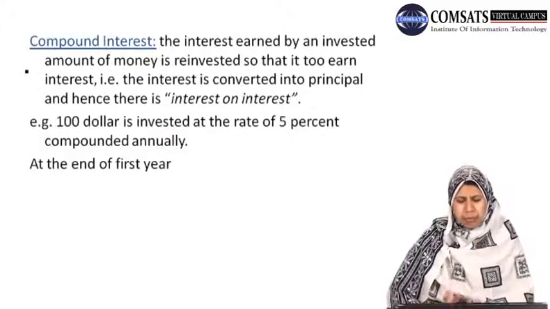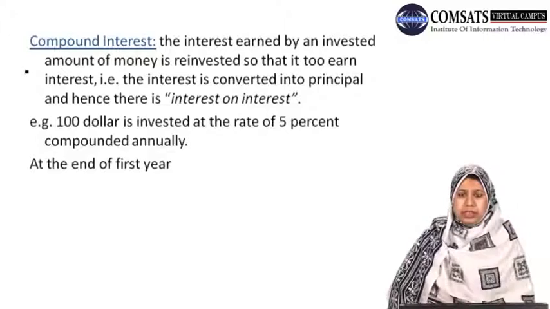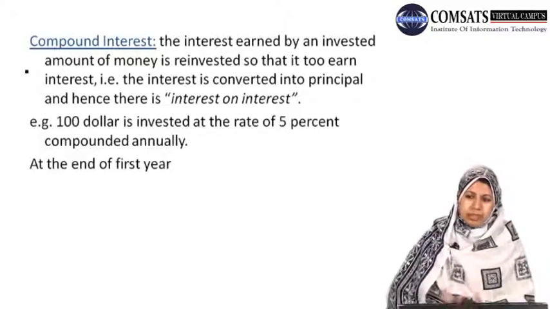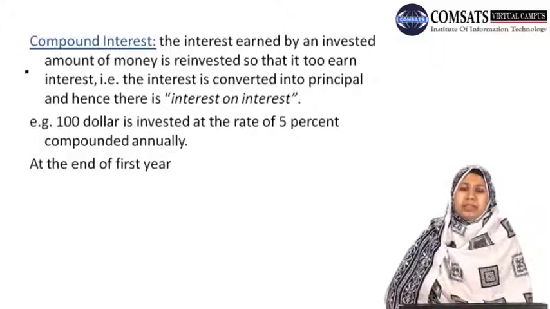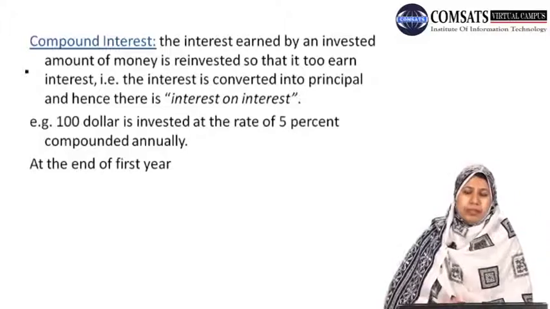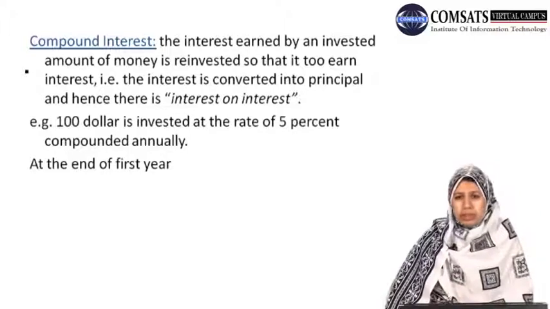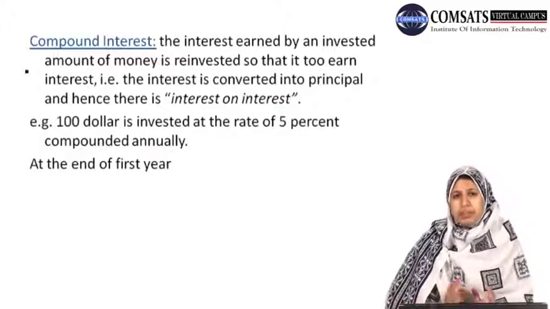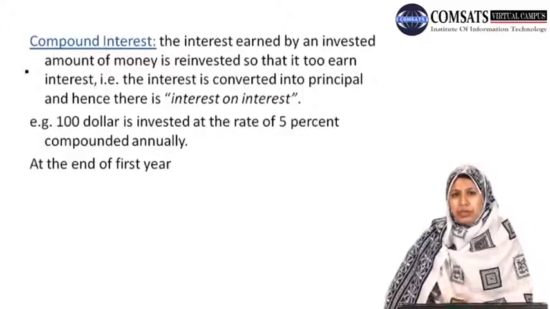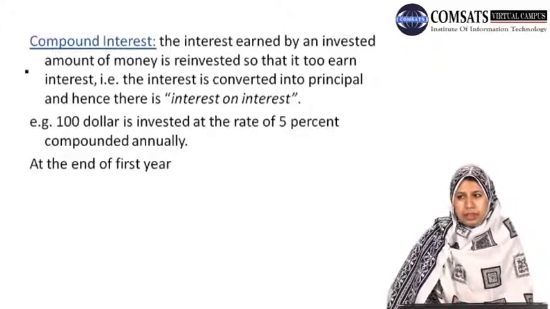What do we mean by compound interest in simple words? For example, you have put, let's say, 100 rupees in a bank, and the bank says that after 1 year they will give you an interest of 5% of your original amount, called the principal value. Then after 1 year your amount will be equal to 105, by adding the 5% interest on it.